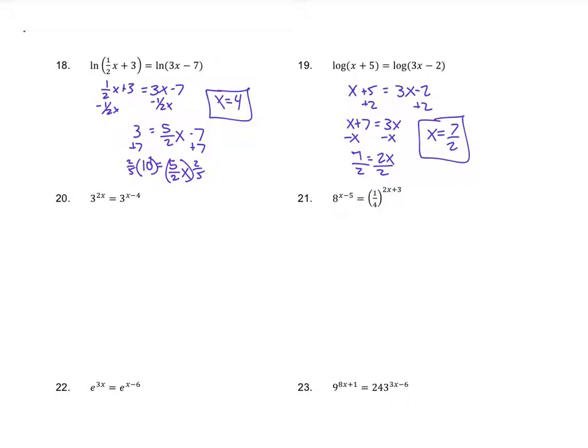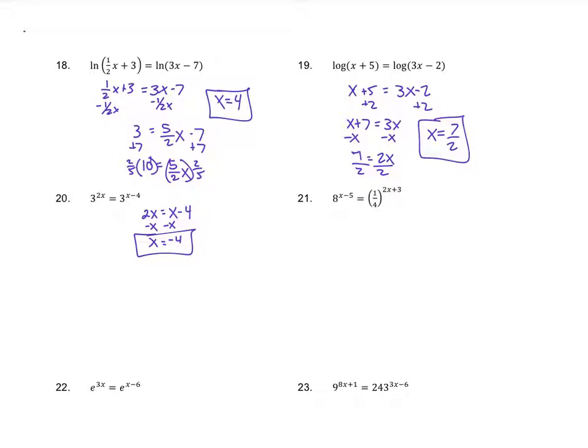Number 20, we've got exponents on both sides, so base of 3. Whenever the base is the same, you can set the exponents equal. So x equals -4.